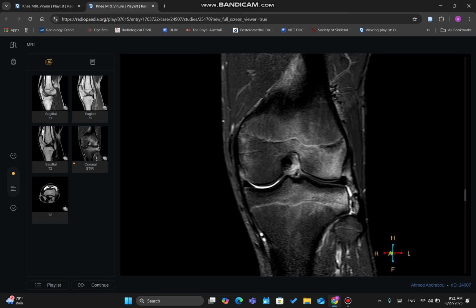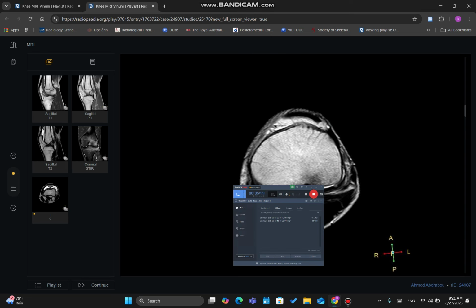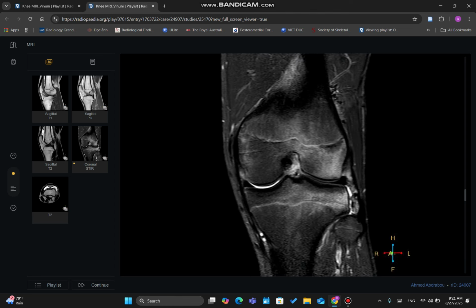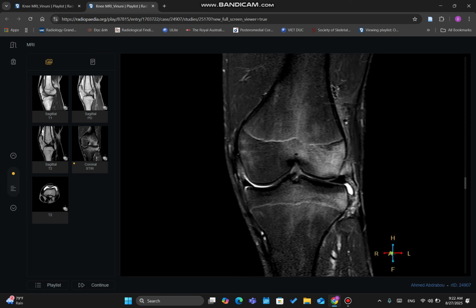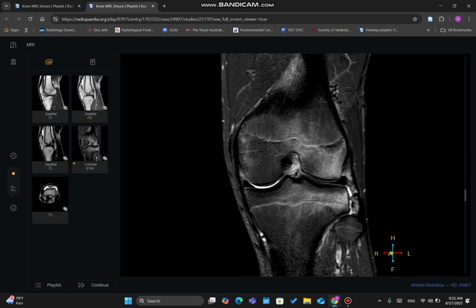One of the other things I have to mention, whenever you are analyzing the bone marrow, is a usual context that you will encounter so many times in your career, which is the kissing bone lesion. In this case, you can see that the bone marrow edema is present on both sides, the lower part of the femur and the upper part of the tibia.